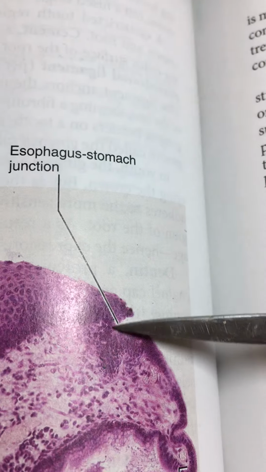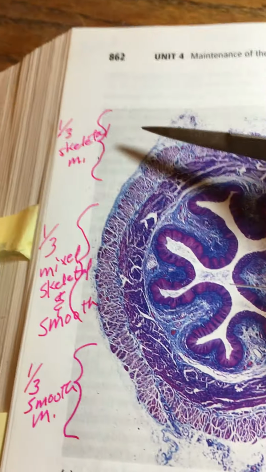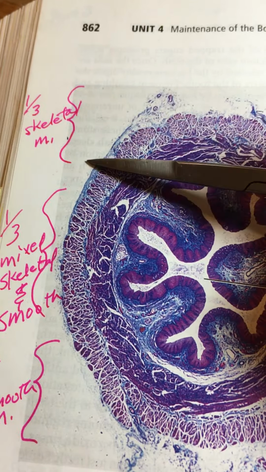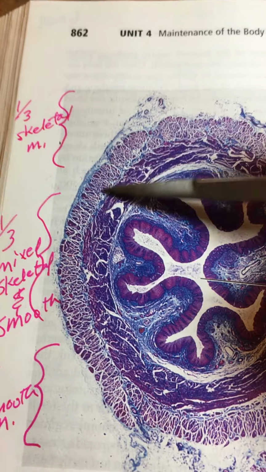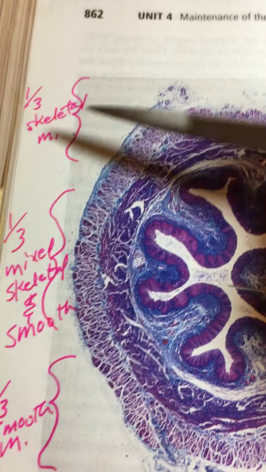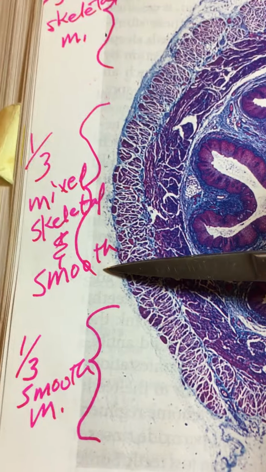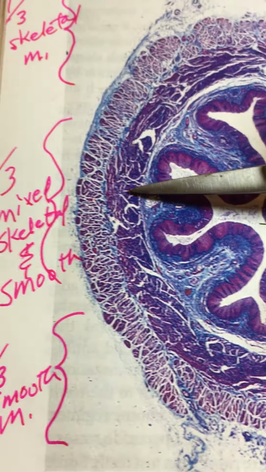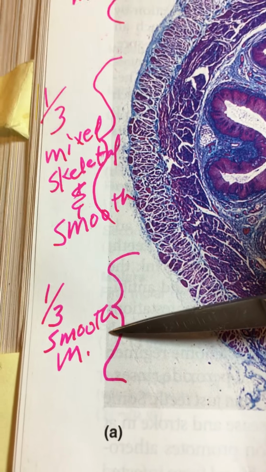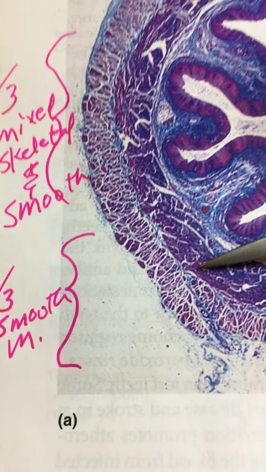On the way there, the first third of the musculature is skeletal muscle. The middle third is a mixture of skeletal and smooth, and then in the last third we have smooth muscle.